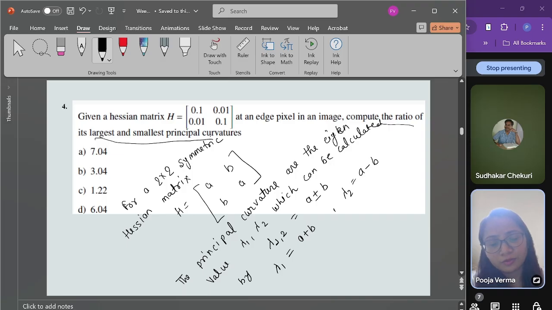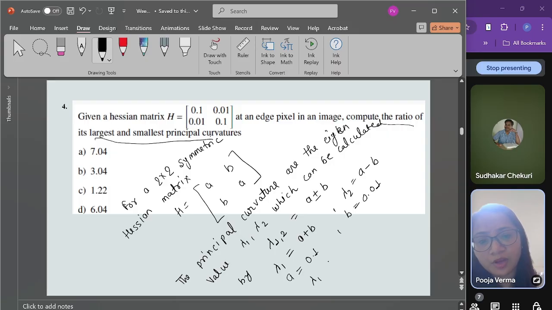Can you tell me what are the values of a and b from the given matrix? At least make this session a little bit interactive. Let me know the values of a and b, then we can calculate. From the matrix, you can say that a is 0.1 and b is 0.01, right?